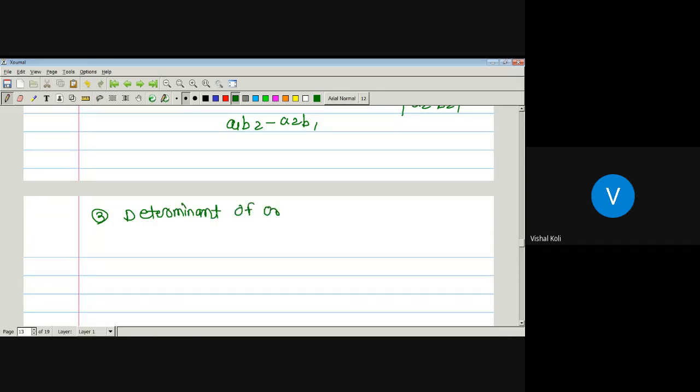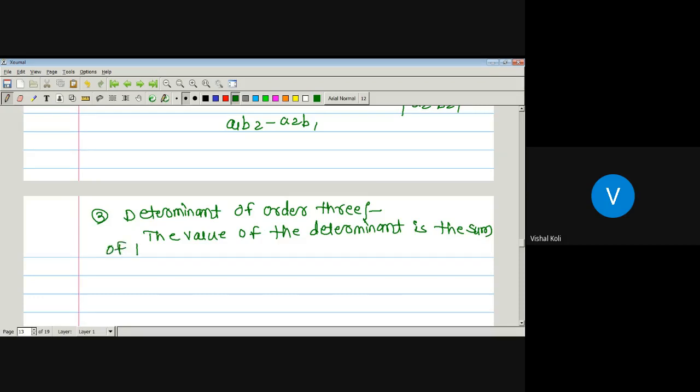Now let us see determinant of order 3. The value of the determinant is the sum of the product of elements in a row or column with their corresponding cofactors.